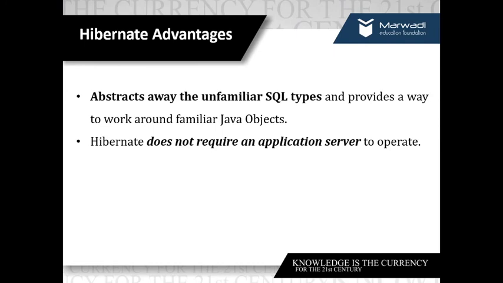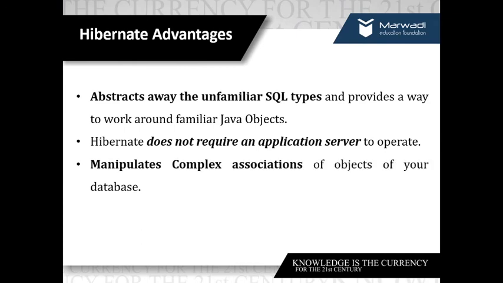Yes, those run on servlet engines. Tomcat is one of our servlet engines. So using Tomcat you can run Hibernate related web applications also. Yes, so that is a very good advantage of Hibernate. It does not require full-fledged application server support to operate its application.